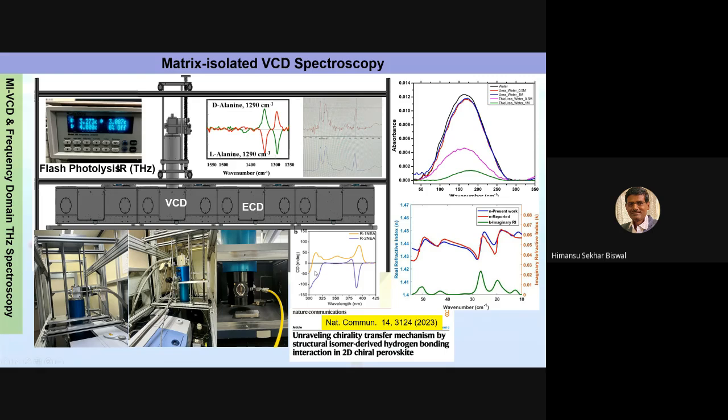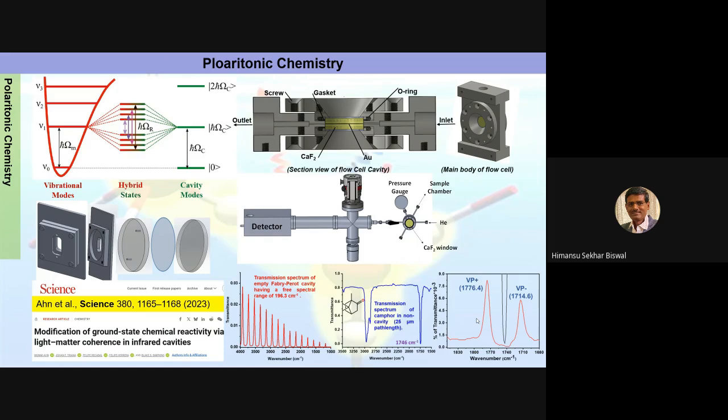I have given a few examples here of how this frequency domain terahertz technique can be used to extract data in the terahertz region, like the optoelectronic properties, the real and imaginary parts of the refractive index, the dielectric constant, the conductivity, and many other things.